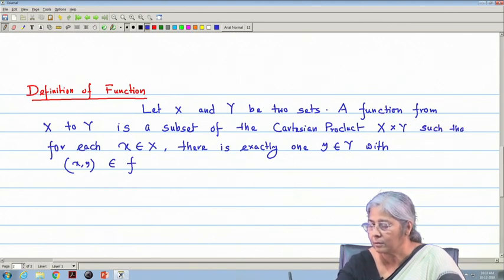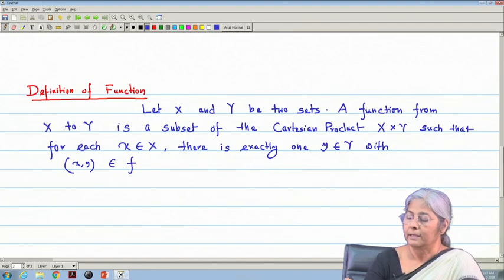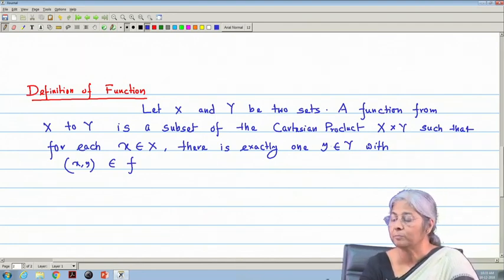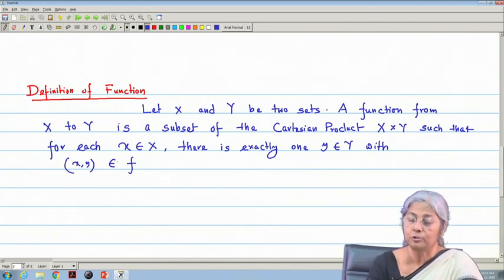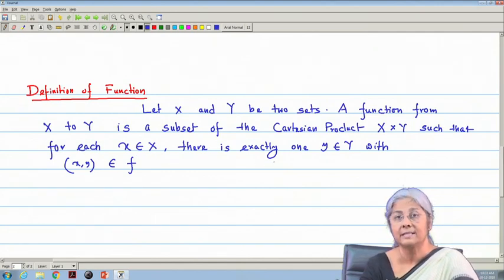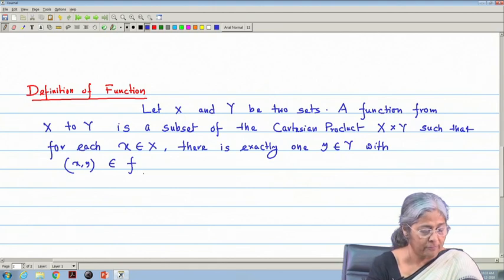So, how do I define it? Let x and y be two sets. A function from x to y is a subset of the Cartesian product x cross y, such that for each element x of the set X, there is exactly one y belongs to Y with (x, y) belongs to f.